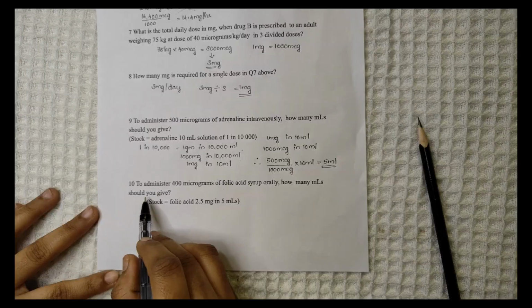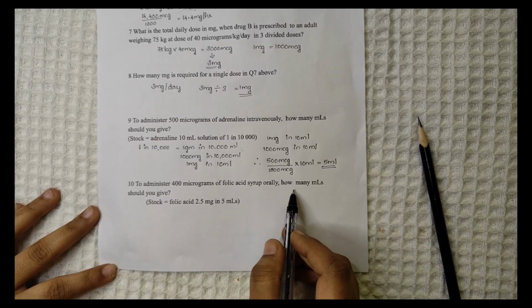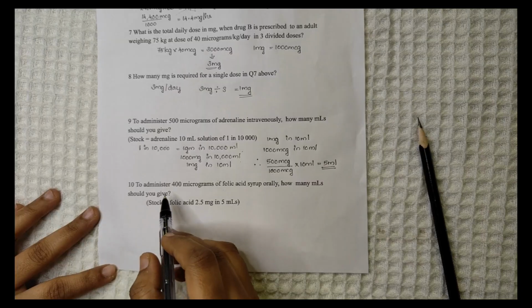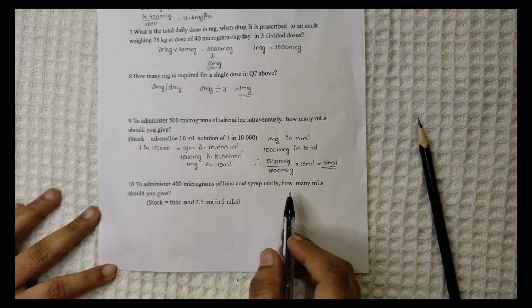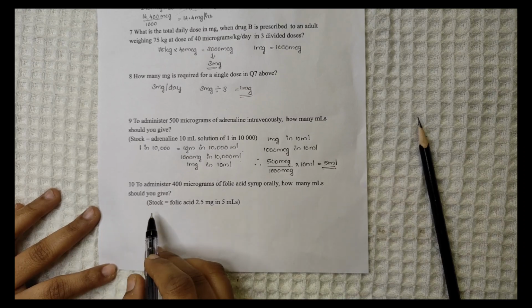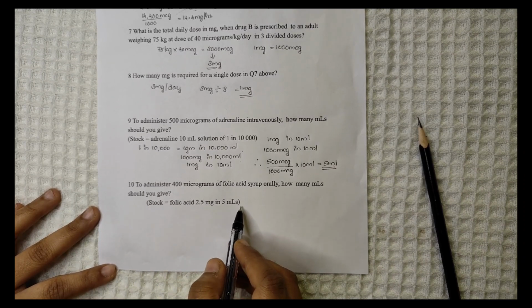The last question is, to administer 400 microgram of folic acid syrup orally, how many ml should you give? The available stock is folic acid 2.5 mg in 5 ml.